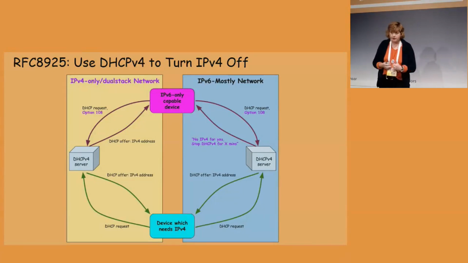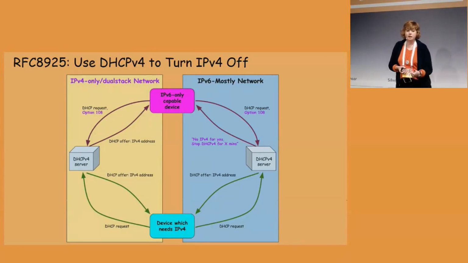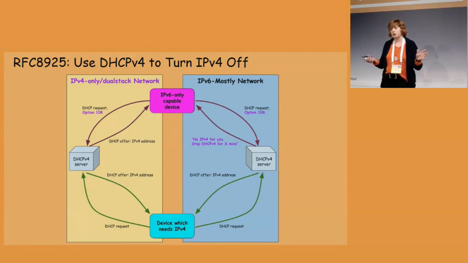So how does it work? In DHCP Discover, the client includes the option 108, which basically indicates the client capability to be v6 only. So if the DHCP server is not aware of that option, let's say like a normal Starbucks network, nothing would happen, right? The normal DHCPv4 process would complete, everything works fine.